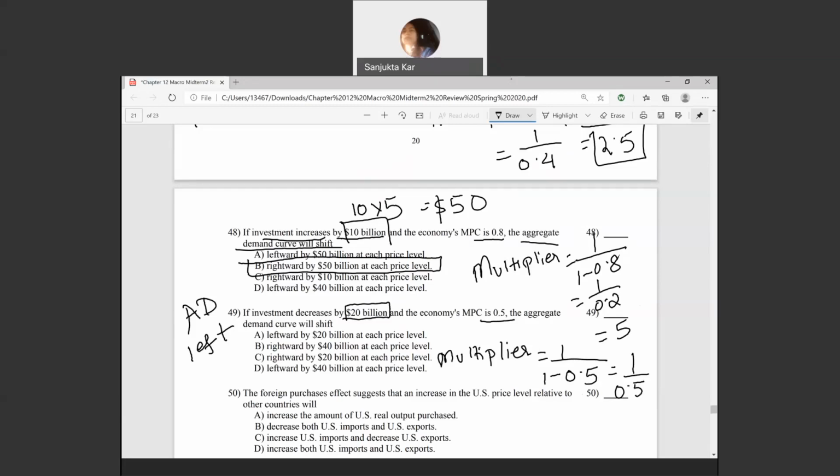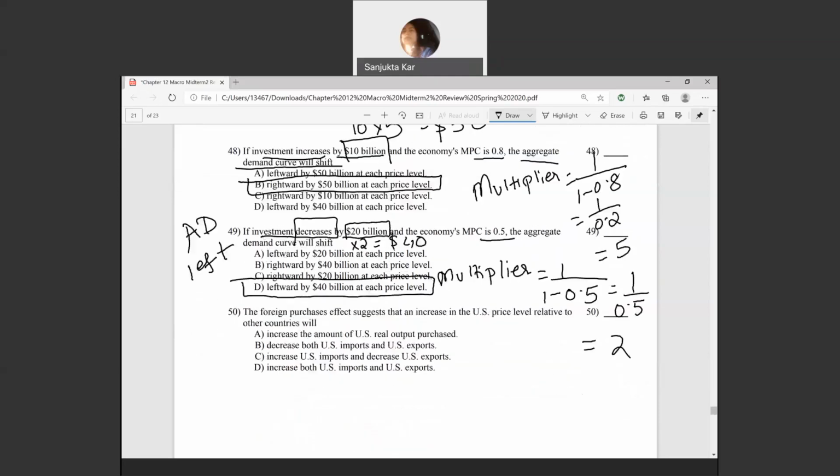So this one is equal to 2, and we have the initial is 20. So 20 times 2 is equal to 40. But remember, because the investment is decreasing here, the aggregate demand curve is going to shift to the left by 40. Be very careful about investment increase and investment decrease.